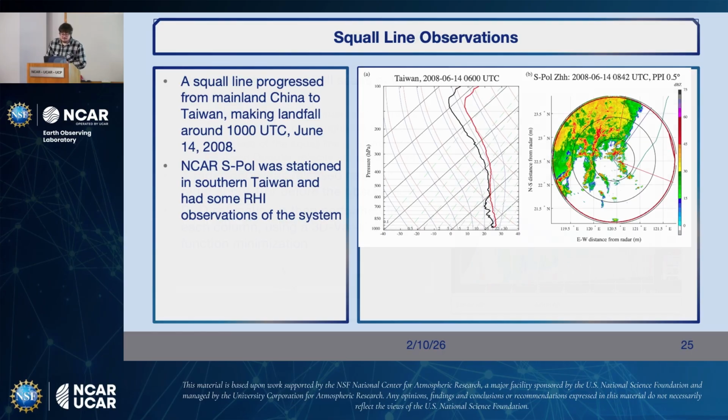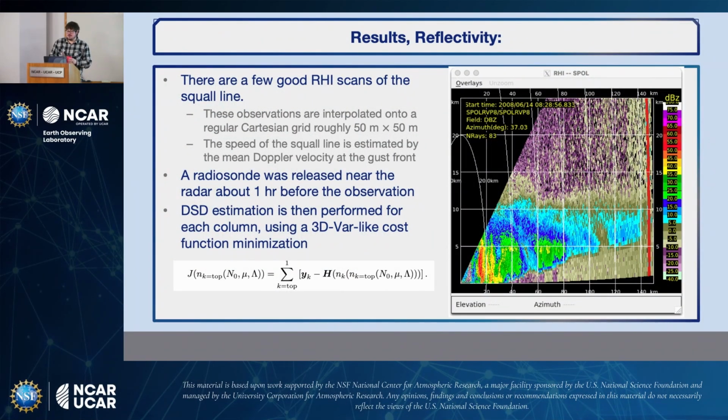Pretty please? Okay, so here's an example of one of the scans that I used to test this. We can take the RHI observations and then interpolate them to a grid of 50 meters by 50 meters, horizontal by vertical. And then I just estimate the speed of the squall line by looking at the average Doppler velocity from the observation.